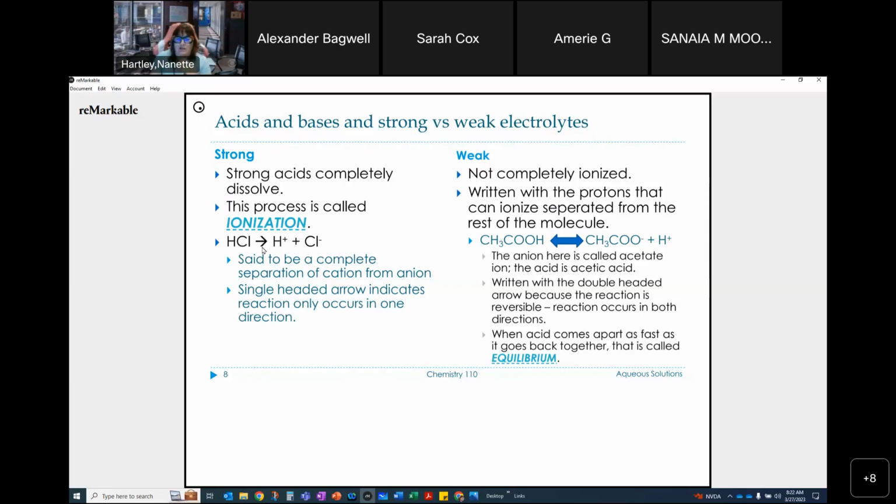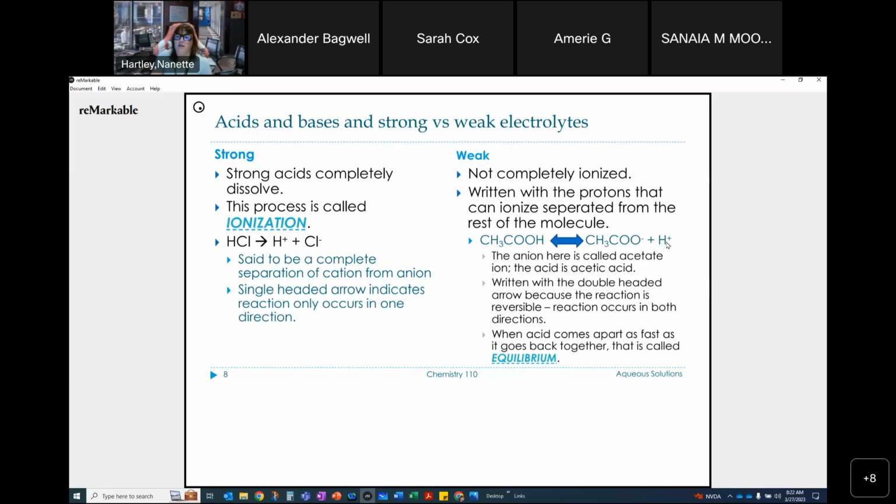A weak electrolyte, on the other hand, is not completely ionized. That can be written with the protons that can ionize separated from the rest of the molecule. So when we talked about CH3COOH, that's a weak acid. It's actually called acetic acid, also known as the main component in vinegar. So acetic acid can lose this proton out here at the end. We end up with CH3COO- and H+.